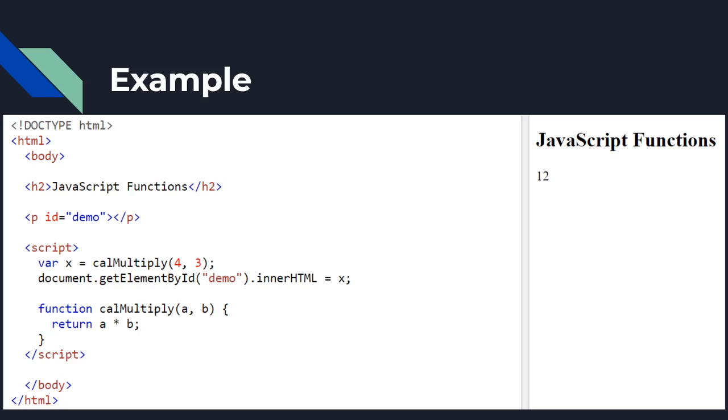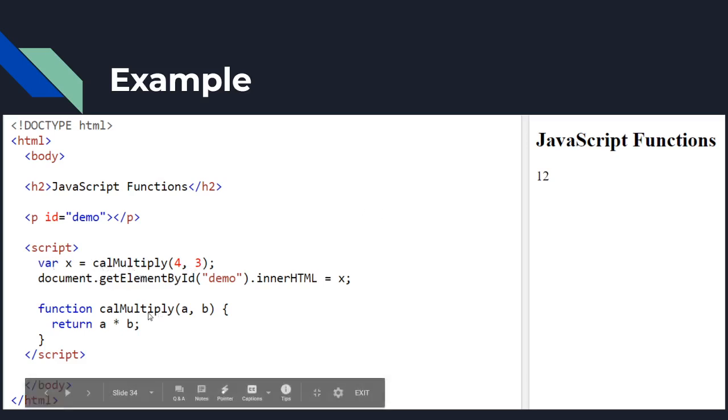Another way you can modify it is you can cause an effect on it. In this example here, we are using JavaScript to do some math. Here we're using this multiply feature.